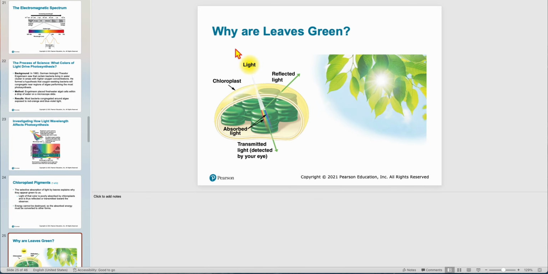So here, why are leaves green? Leaves are green because when the light goes through them, only the green is reflected back, so you see green. All the other colors of the rainbow and their associated energies go through, and that's what the plant will use.